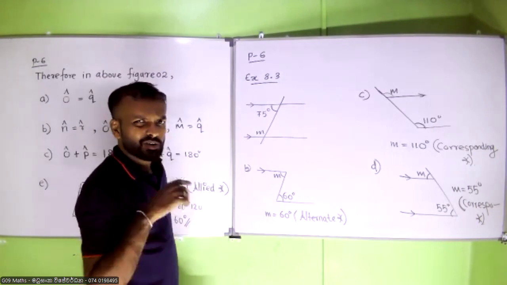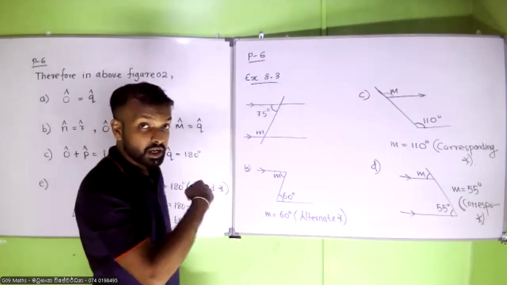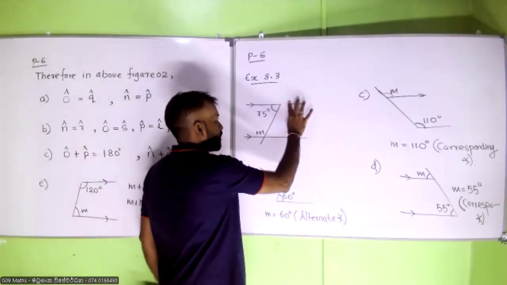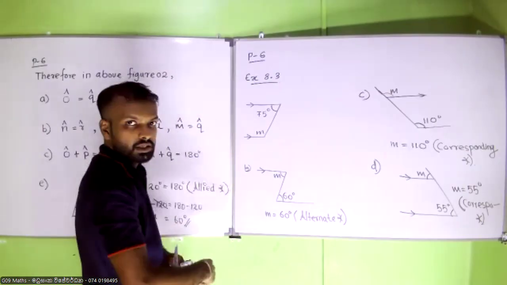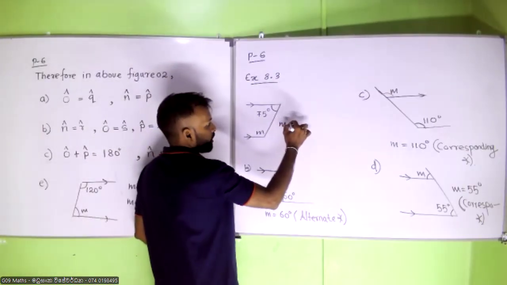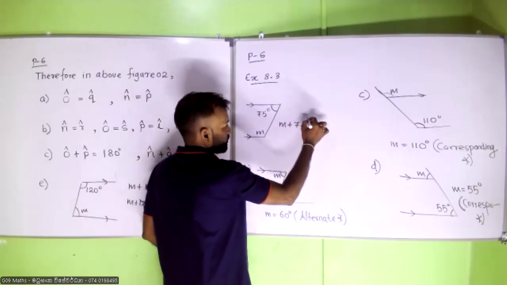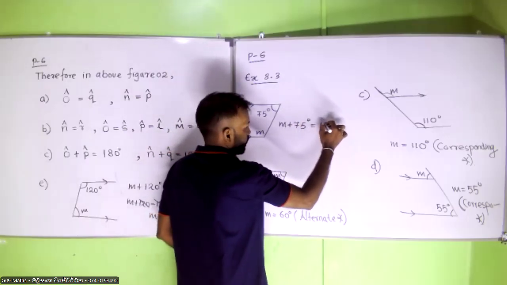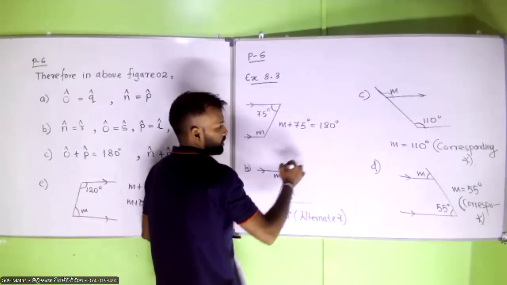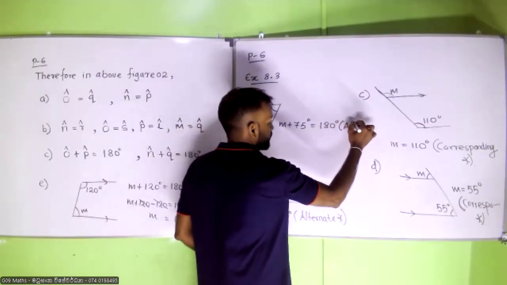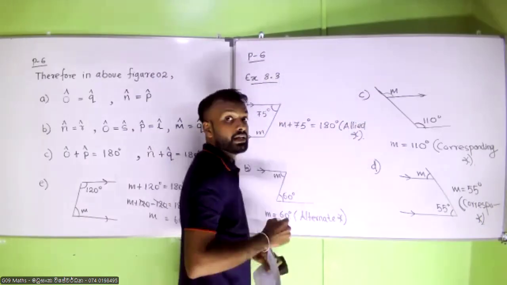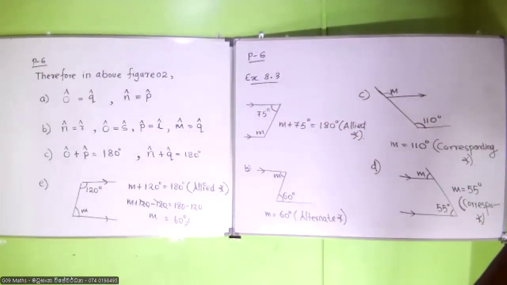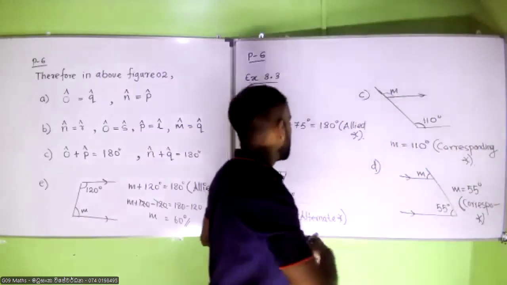Not corresponding, not alternate, but C shape, allied angles. So you can write M plus 75 degrees equals 180 degrees. Reason: allied angles. You need to remember that.